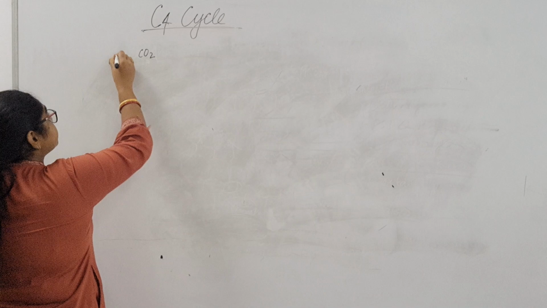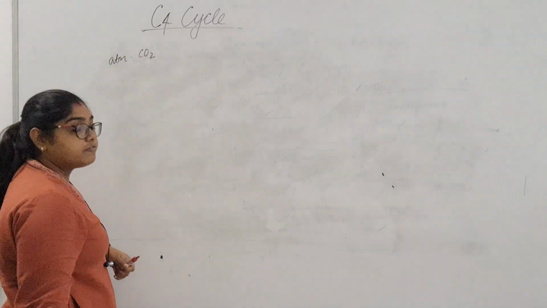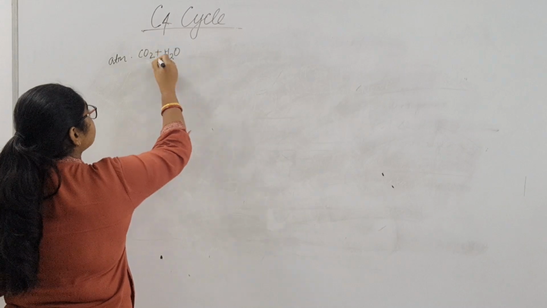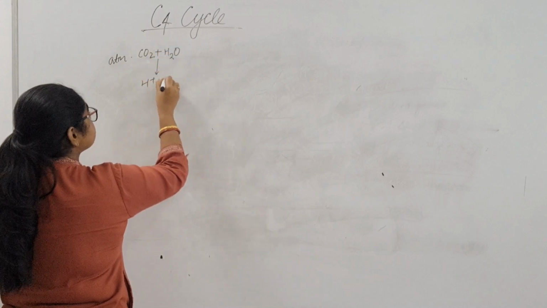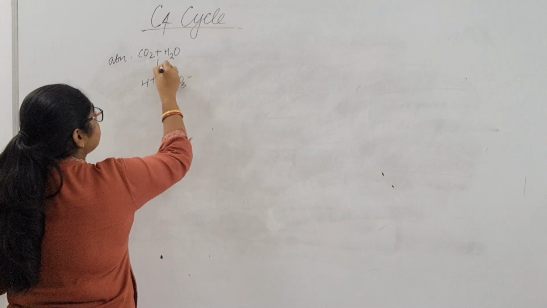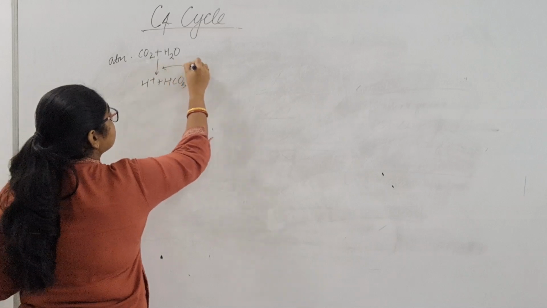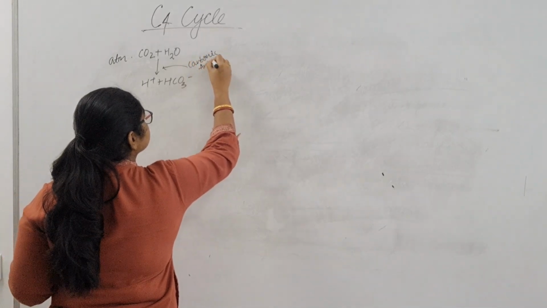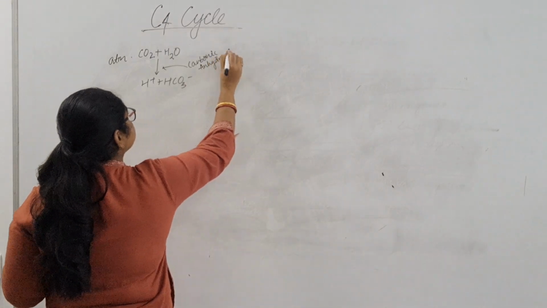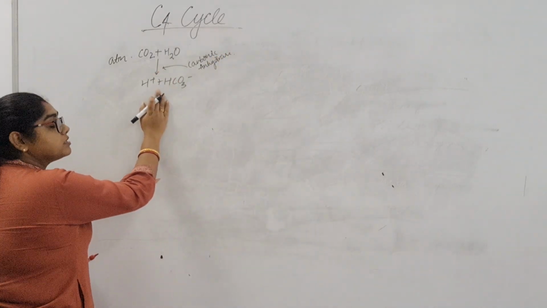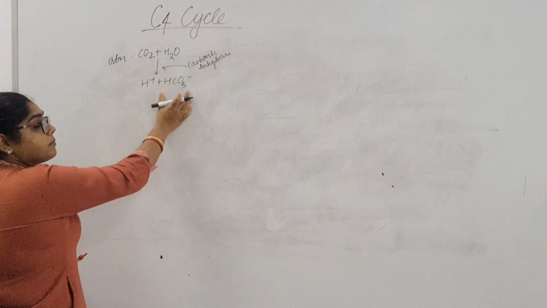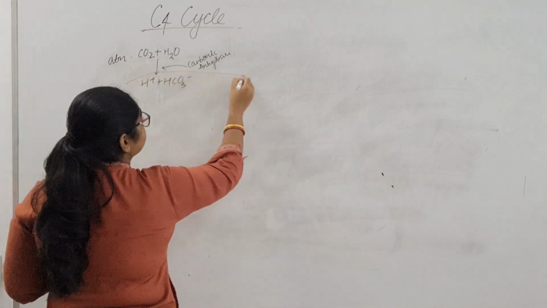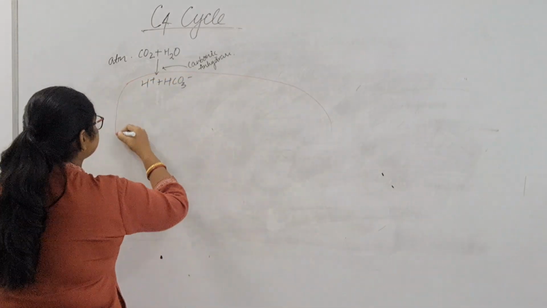Now this atmospheric carbon dioxide changes its form to bicarbonate by an enzyme called carbonic anhydrase. In the presence of this enzyme, the carbon dioxide produces bicarbonate, and it takes place in the mesophyll cell. First we will see the mesophyll cell part.